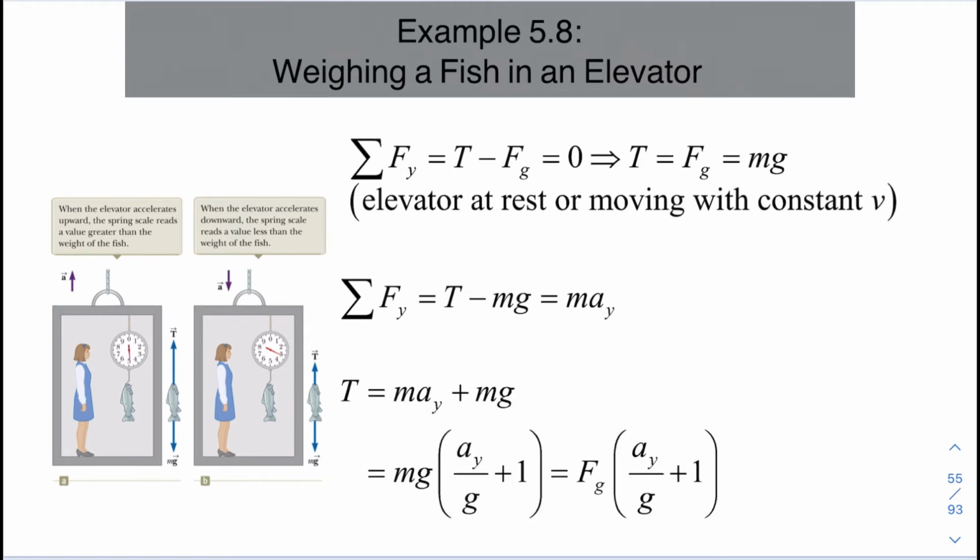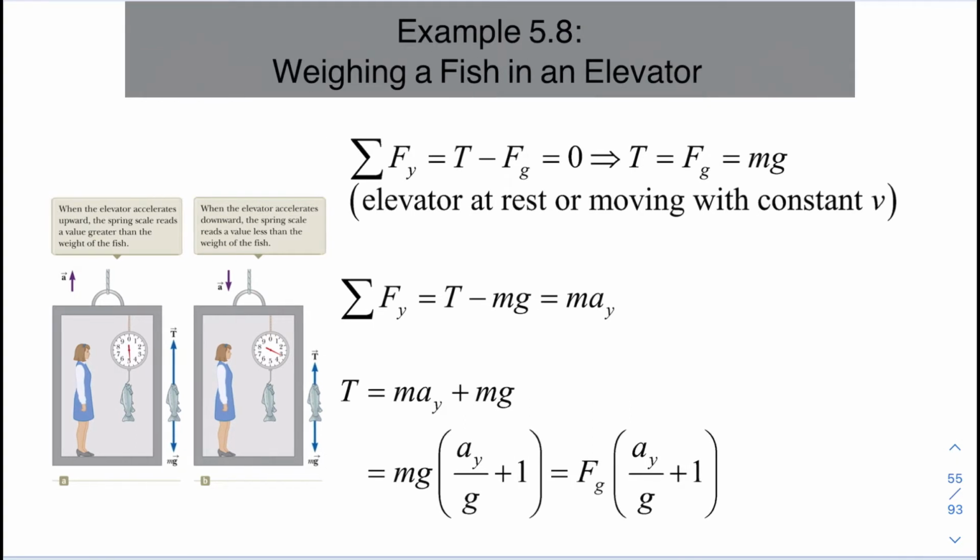From there, we may substitute Fg equivalent to mg to simplify the formula. So m is collected outside; if we put mg outside, we have mg times (ay over g plus 1). So we can see that T, the reading of the weighing scale, is slightly bigger because you have to add up this factor.